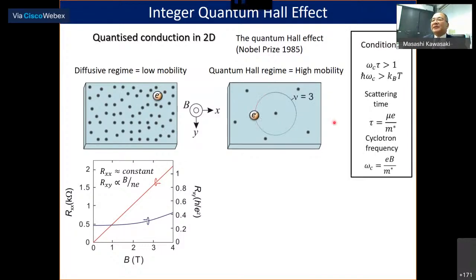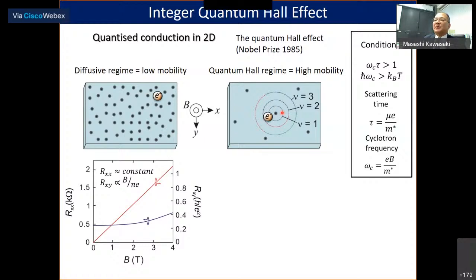Whereas if your two-dimensional electron is sitting in a very clean surface, the magnetic field makes the electron undergo circular cyclotron motion. At low magnetic field, the diameter of the cyclotron motion is big. And if you apply a higher magnetic field, the radius becomes smaller and smaller. Nu equal 1 corresponds to 1 wave in 1 orbit.